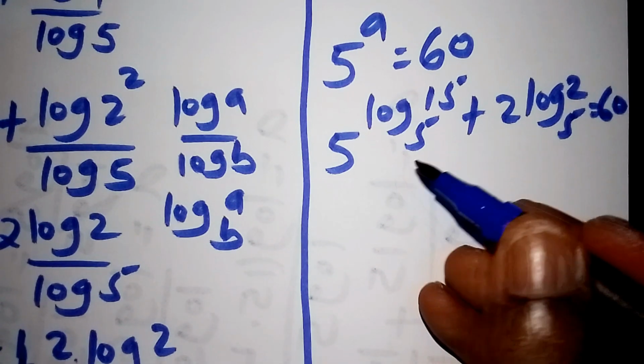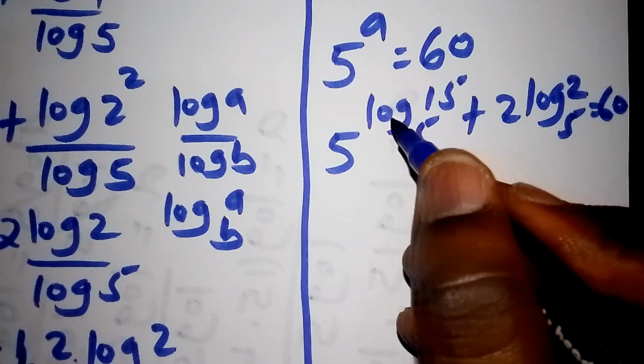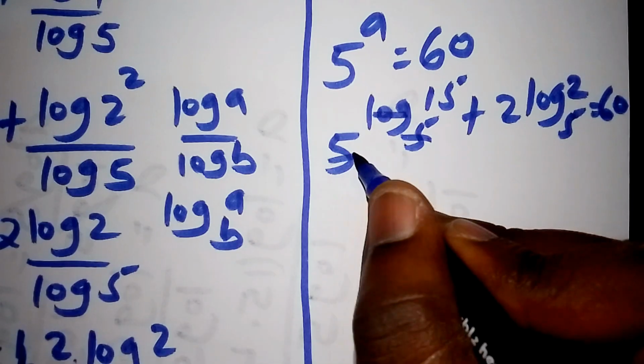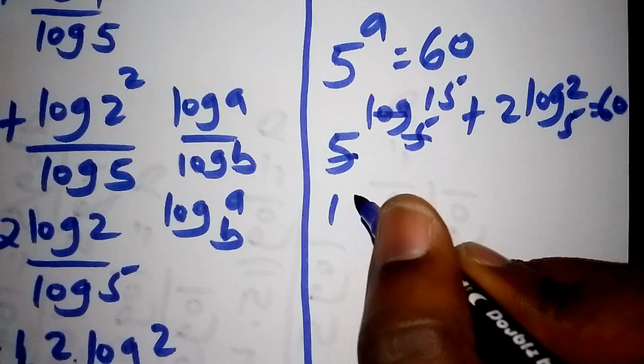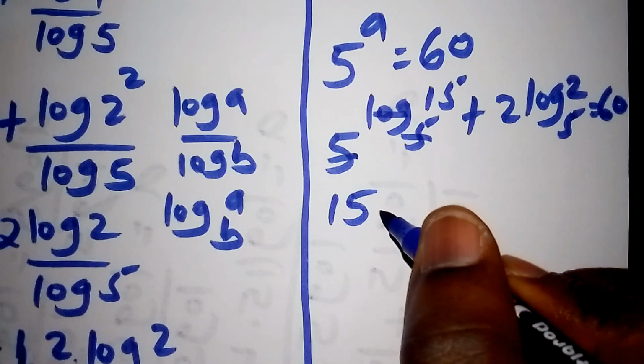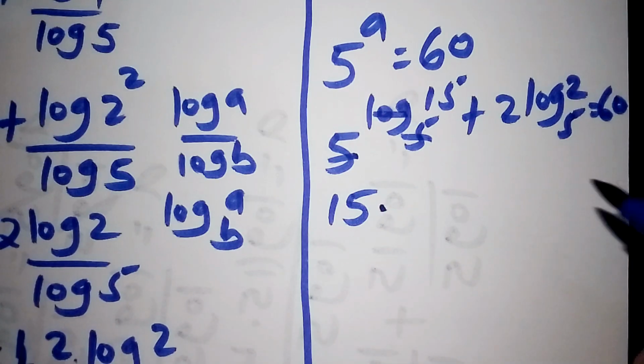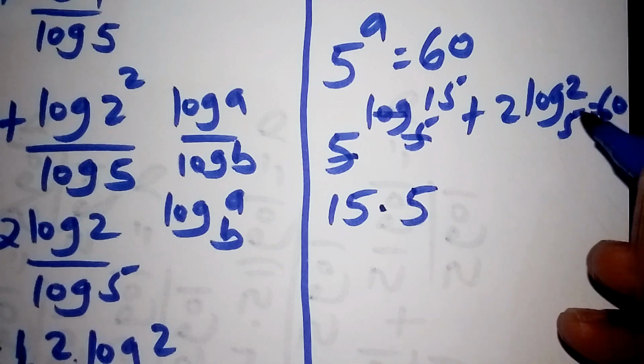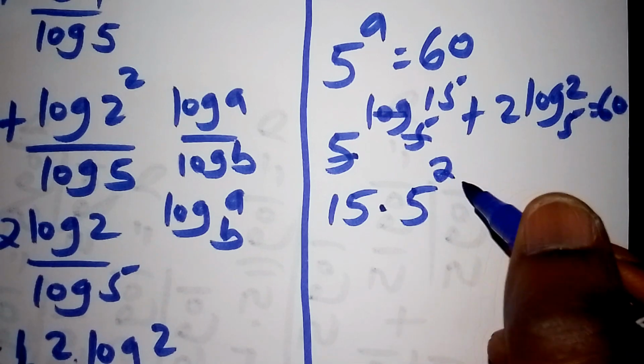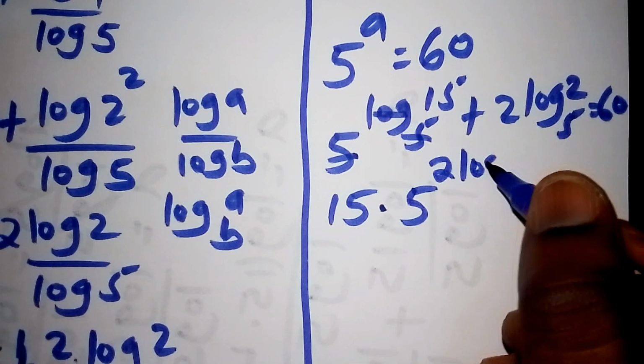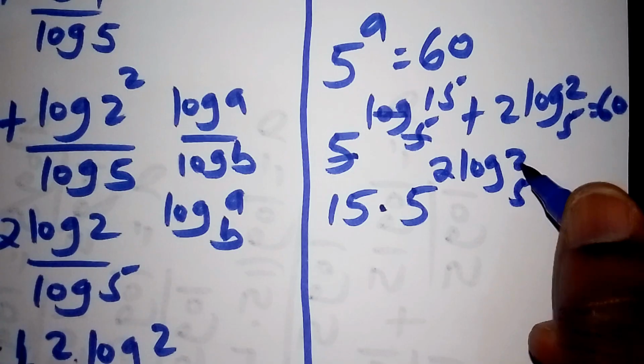Let's start with the first one. The log to the base of 5 cancels this 5, so we remain with 15. The plus changes to multiplication. We also have 5 to the power of 2 times the log of 2 to the base of 5.